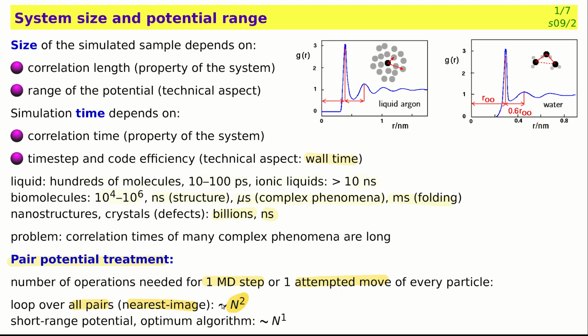It's not good. But if I use a sufficiently short-range potential, then the optimum algorithm will require only N operations. So it's a better so-called scaling. We shall see that with electric forces this is not so ideal, but still it is not so bad.